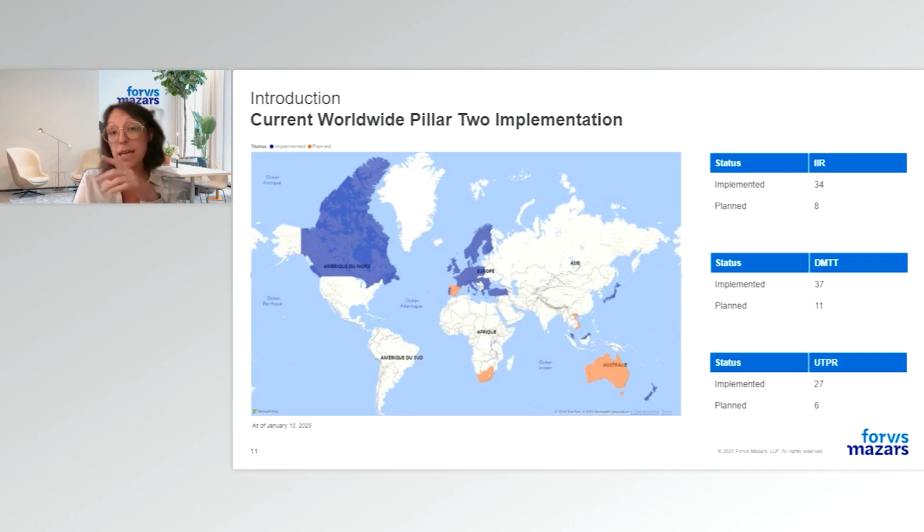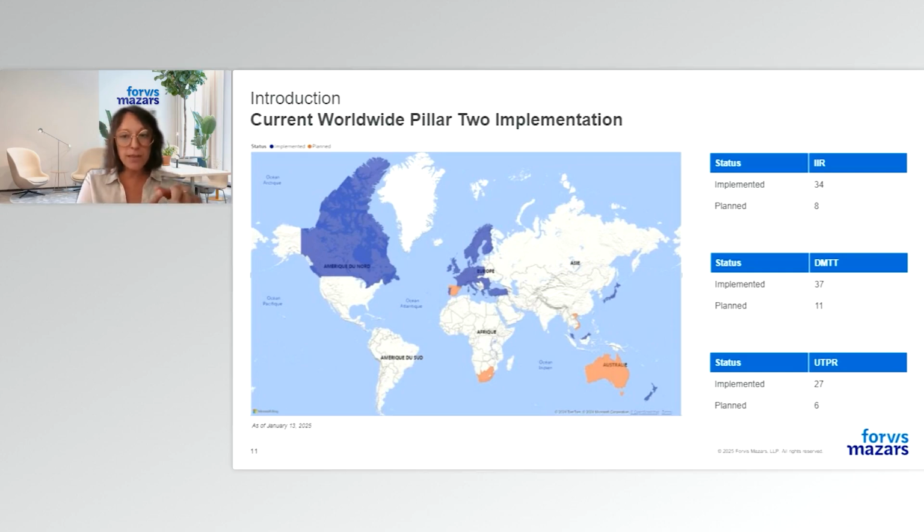So today, 34 countries have introduced IIR rules, 37 countries a domestic top-up tax, and 27 new UTPR rules. So we can see that some countries introduced or plan to introduce only a domestic top-up tax, such as Brazil, Barbados, Mauritius, Bahamas, or Bermuda. Some only introduce IIR rules, such as Japan, or only IIR and UTPR rules, such as South Korea.